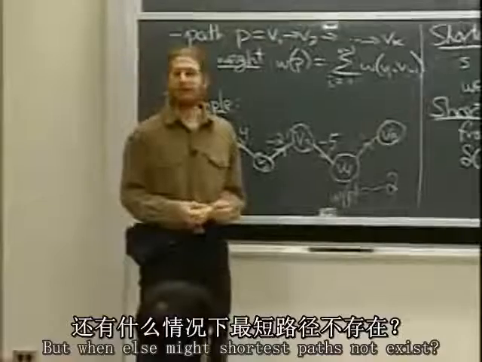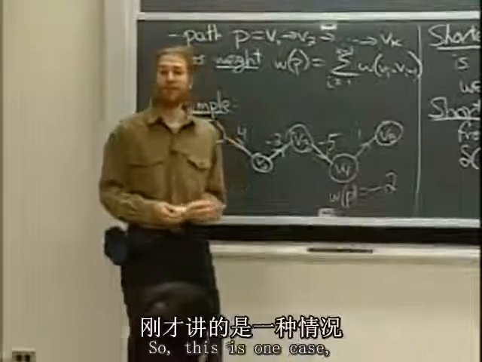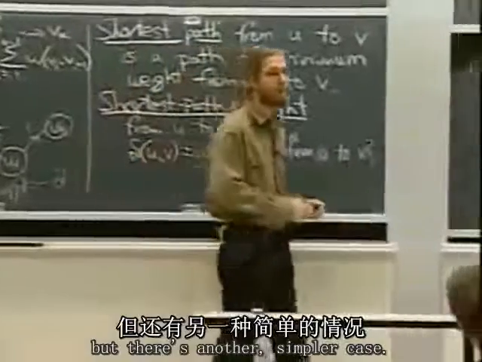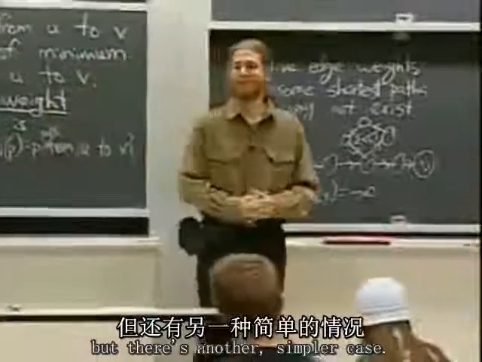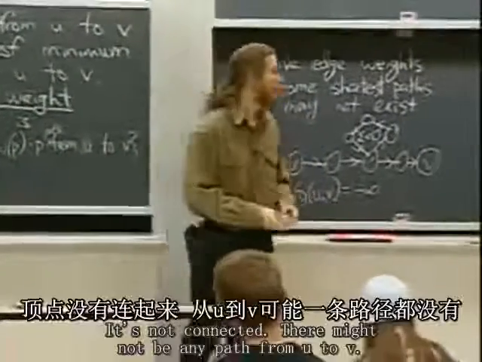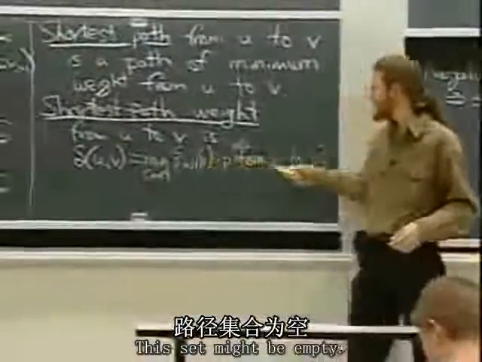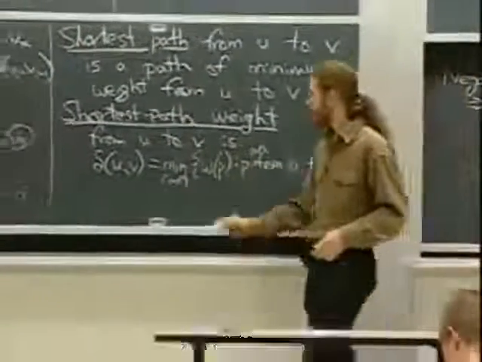But when else might shortest paths not exist? So this is one case, but there's another, a simpler case. It's not connected. There might not be any path from U to V. This set might be empty. There may be no path from U to V. Here we have to define what happens.